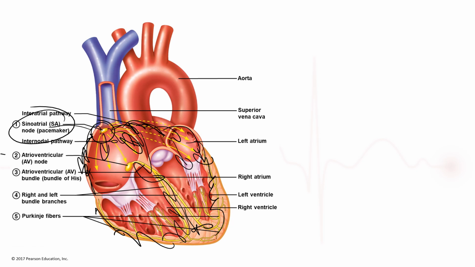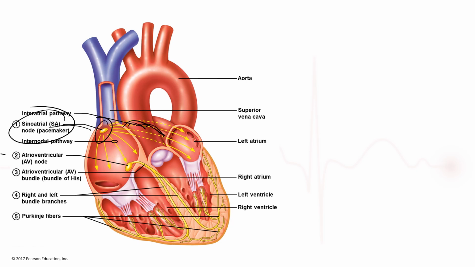So the point is, if the SA node, these SA node cardiac muscle fibers, generate action potentials on their own, those action potentials that the SA node fiber generates will ultimately move throughout and be passed to all the contractile cardiac muscle fibers of the entire heart, right? Because they're all attached to each other through intercalated discs.